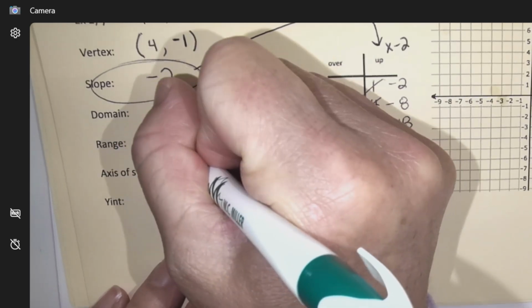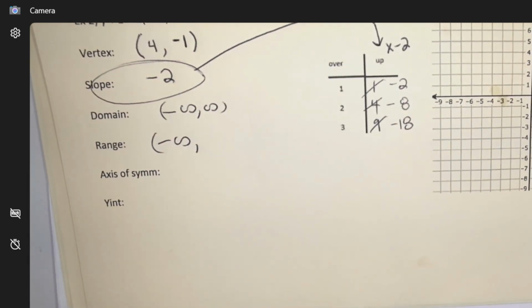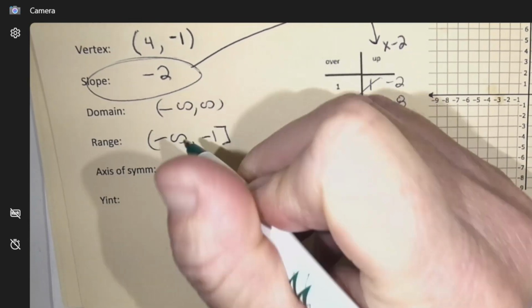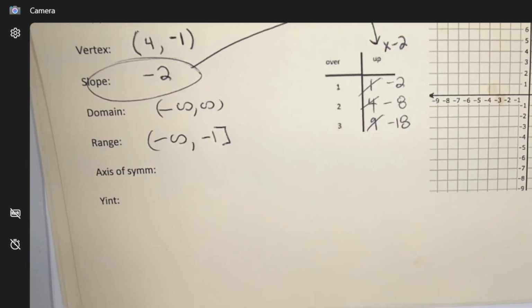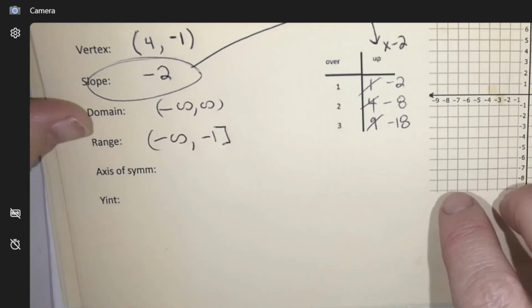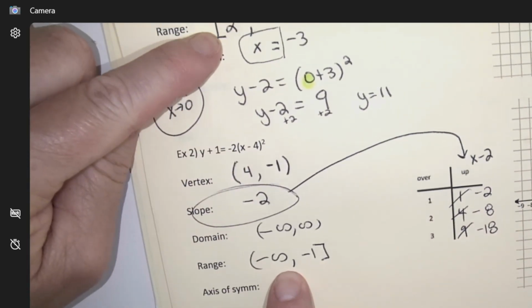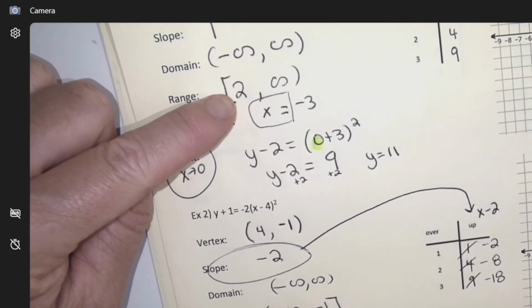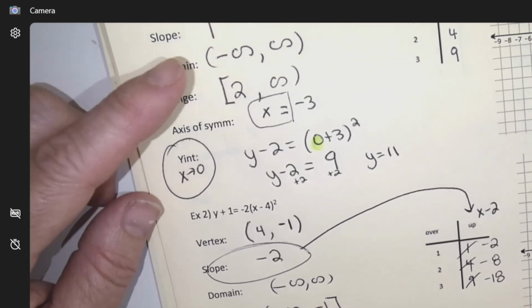So -infinity up to a top height of -1. That's the highest height we go. So do you see how from last time, right? Here we had the number on the bottom, but here we have the number on the top.